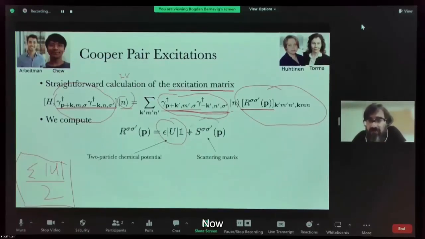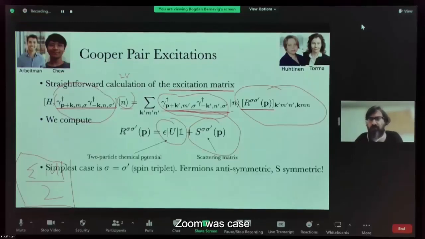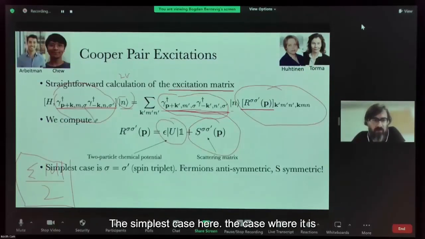But then I also have a scattering matrix. Okay? And this scattering matrix can give you bound states, anti-bound states, or splitting in the two-particle continuum. So let's see what it gives. Okay. So the simplest case is the case where this is a triplet excitation.